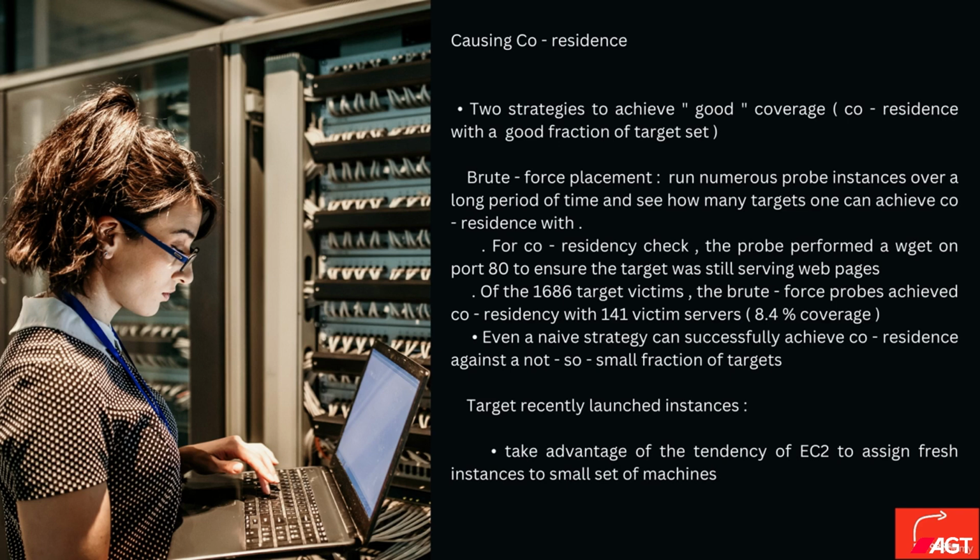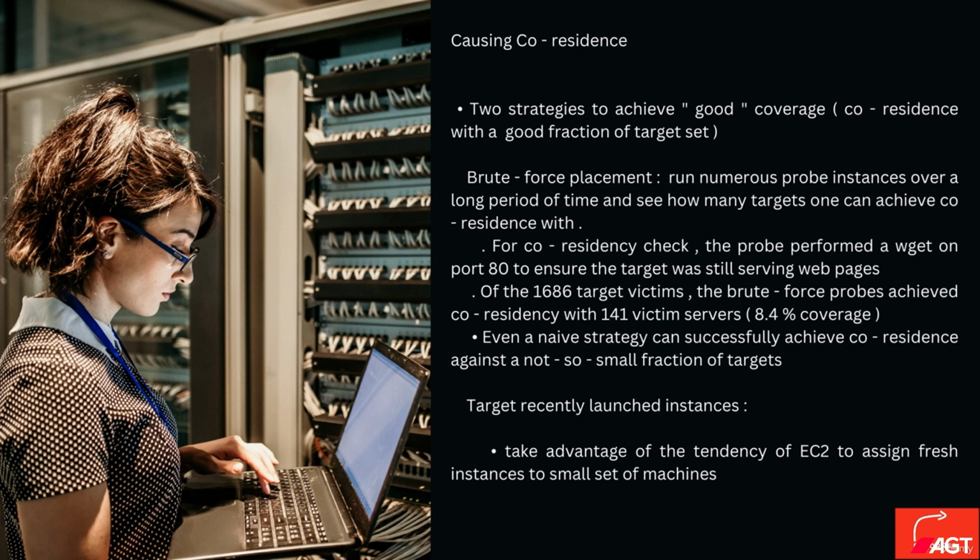Target recently launched instances. This tactic makes use of EC2's propensity to place new instances on a select few machines. In order to launch a new instance in the same availability zone as the target instance, the attacker watches the EC2 infrastructure. After that, the attacker begins an instance in the same availability zone as the victim and requests the same instance type.